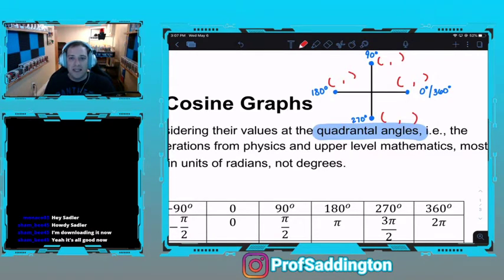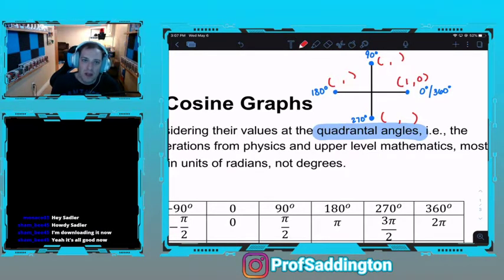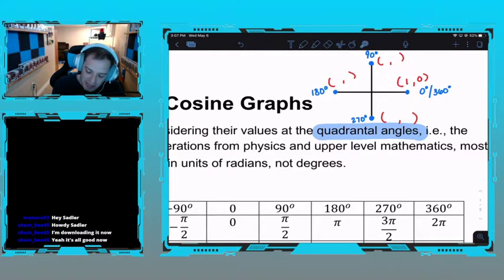So since we are always working with a unit circle, that means that each one of those lines to the dot is always going to be one value. So if I'm going to go over to this first dot, this is just saying I went over 1, and then I didn't move up or down. So this is just going to be 1, 0. The top one, that 90 degrees, I did not move left or right to get up to this dot.